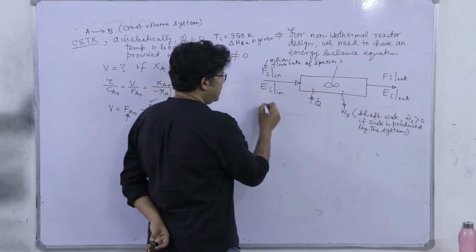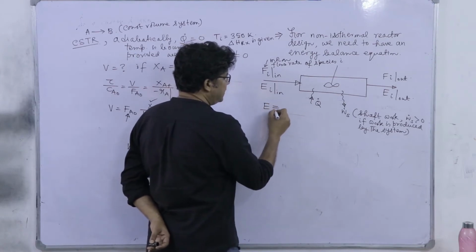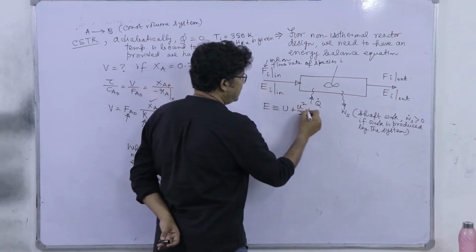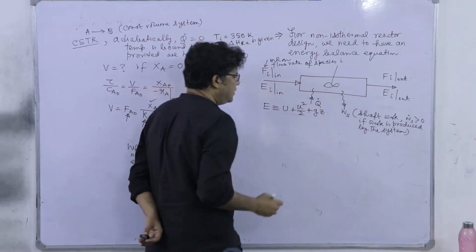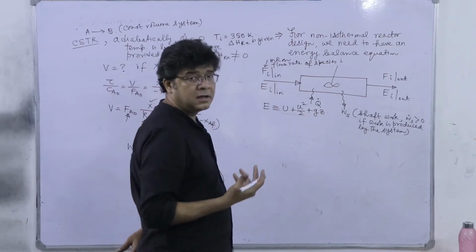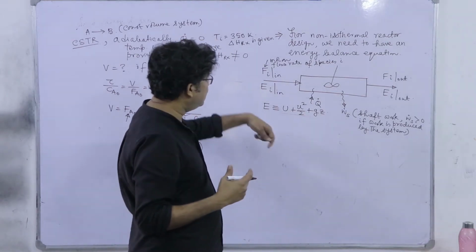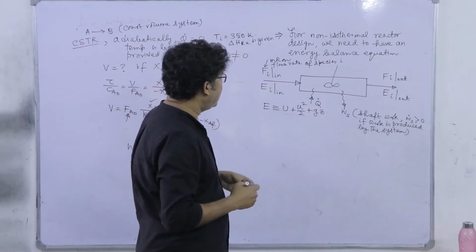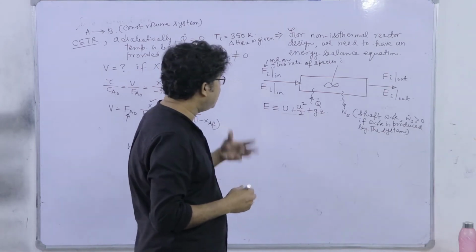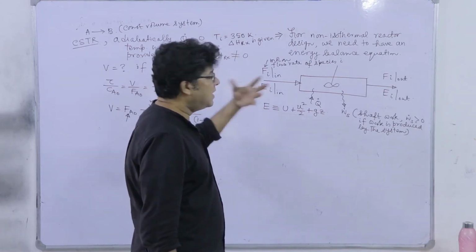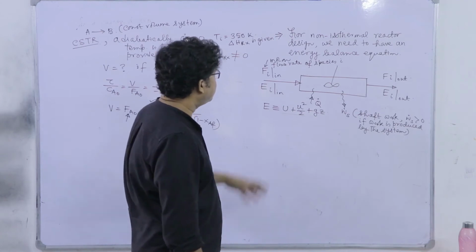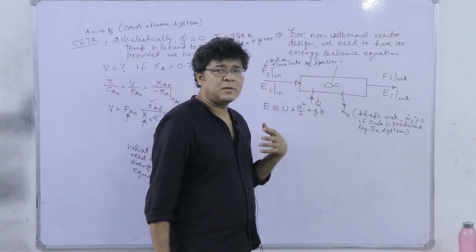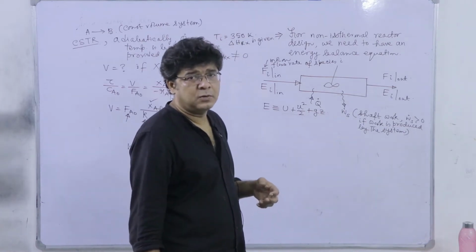Where E, you have to note, is defined as the sum of internal energy plus kinetic energy plus potential energy per unit mole. So this is to be multiplied by the moles, not by mass, because we want the energy per unit mole.